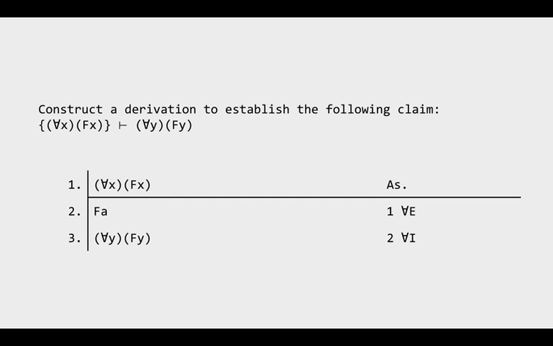I don't see a anywhere in line 3. Lowercase a, and you also have to make sure it's not in the assumptions, in the premises. Again, I don't see a lowercase a anywhere in the premises. So line 3 is a legal move. That's how universal introduction works. Okay.